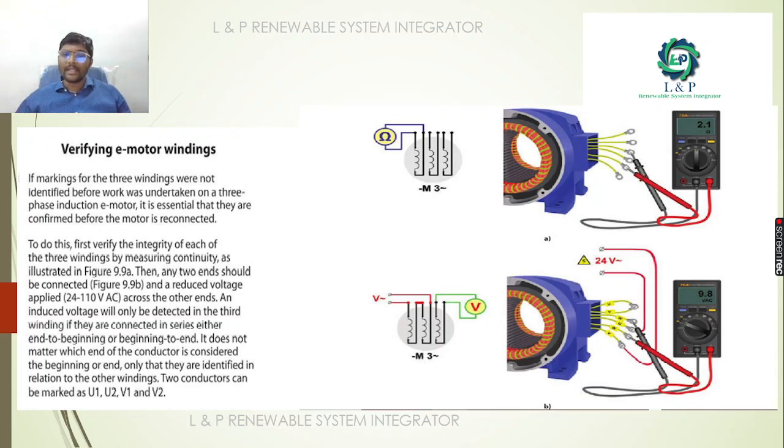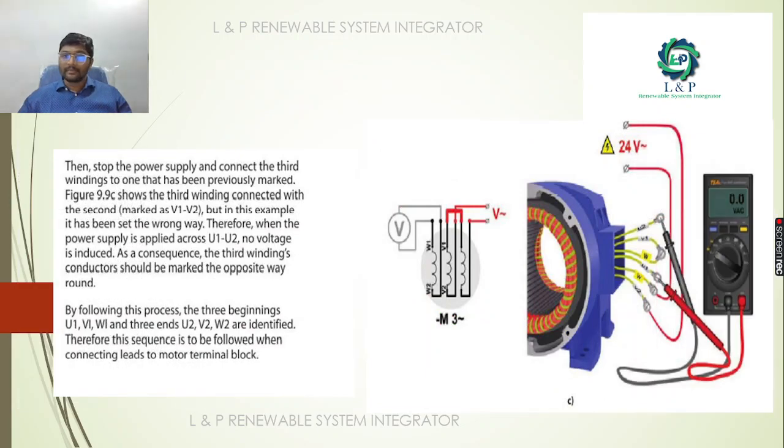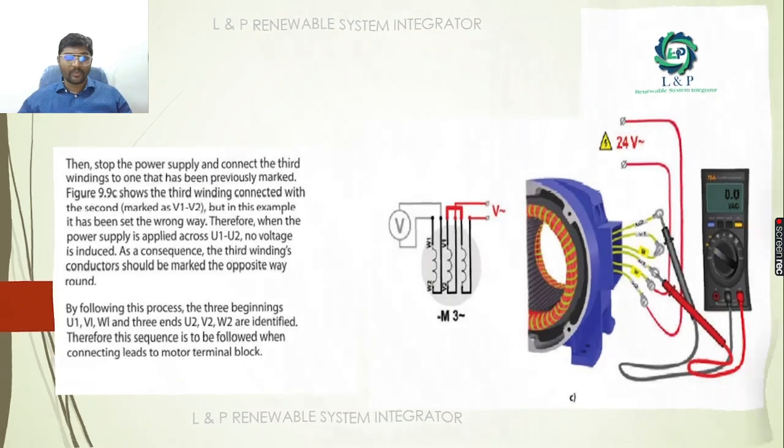Next, when you measure the voltage, if it is an AC voltage, especially between the two W terminals, it will be around 9.8 volt, say for example if your motor is running with a power supply of 24 volt AC. And most importantly, when you measure between the two other terminals, mostly it should be zero.